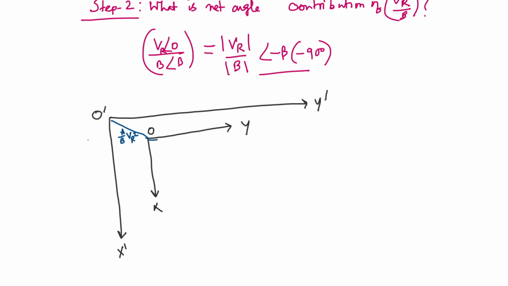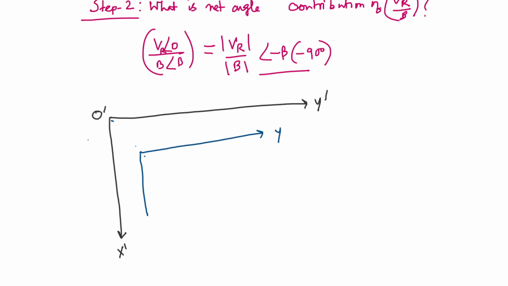Now we have a load line like this. Let me draw it more clearly. This is y, this is x, and this should be A by B VR square.